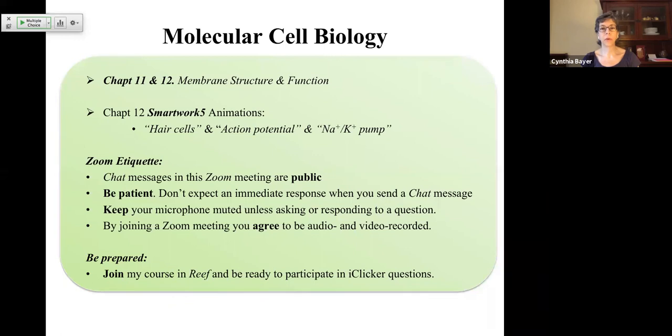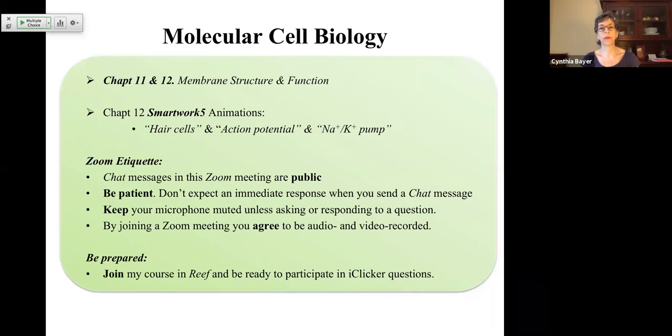This is also the point where I think that some of the animations that are available in the SmartWorks, for those people who've chosen to purchase the SmartWorks that comes along with our e-textbook, are really valuable. They always have a few animations for every chapter. Some of them are interesting, but not completely relevant to what we're covering in this course.